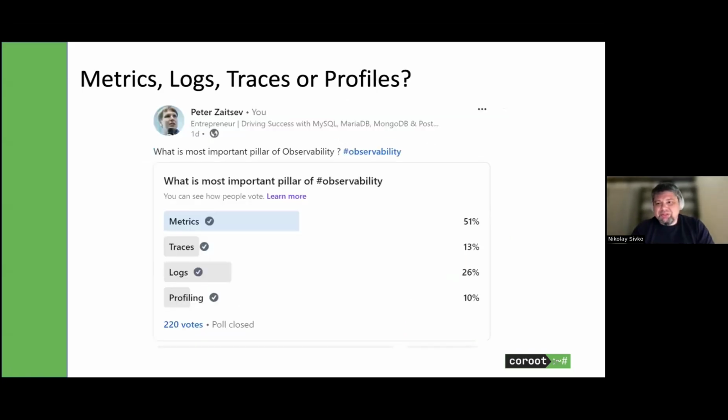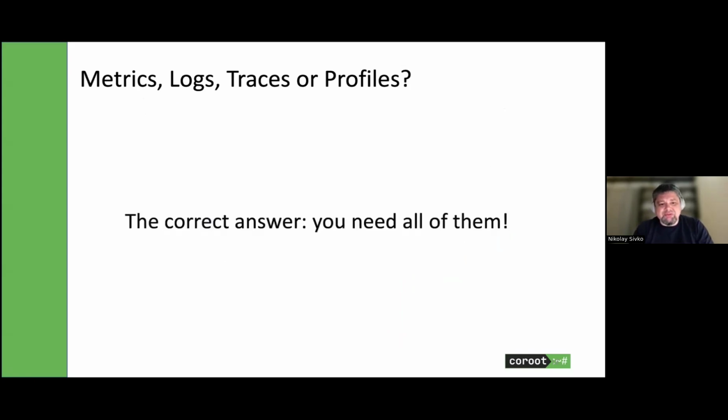My co-founder Peter Zaitsev created a poll on his LinkedIn about the most useful telemetry signal, and users voted, and the majority of them chose metrics. But from my perspective, the right answer is that we need all of them, because each telemetry signal has its pros and cons, and there is no silver bullet in this space.